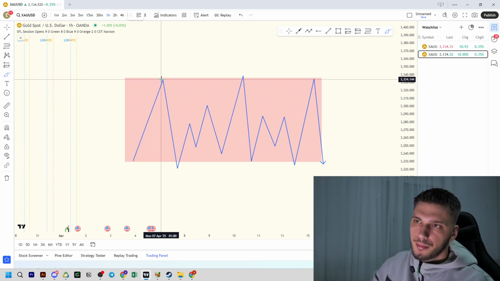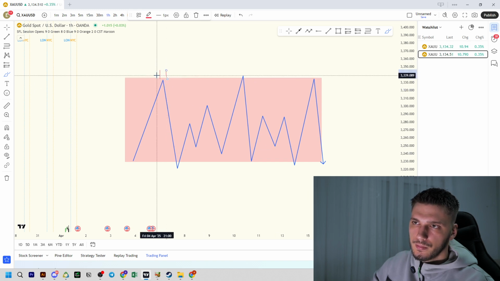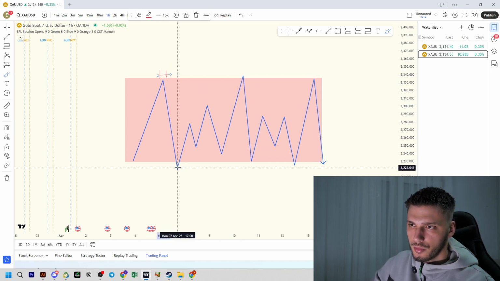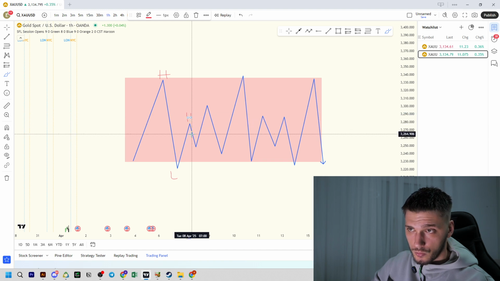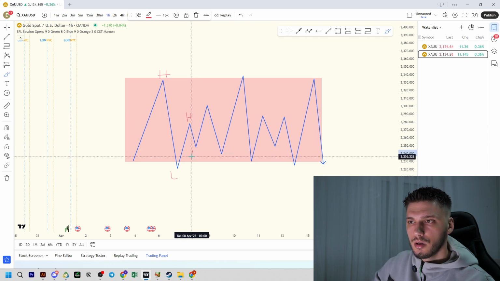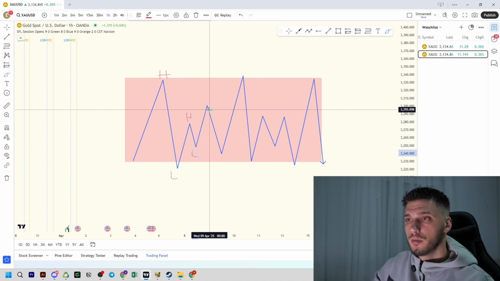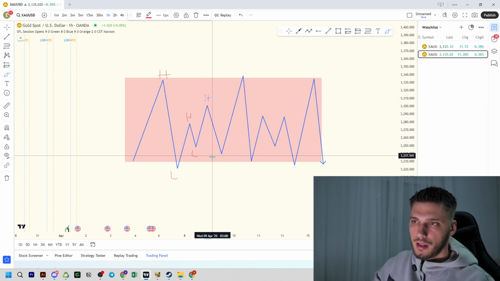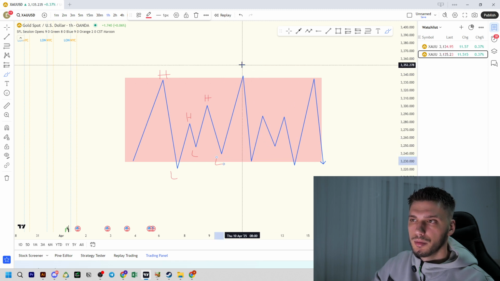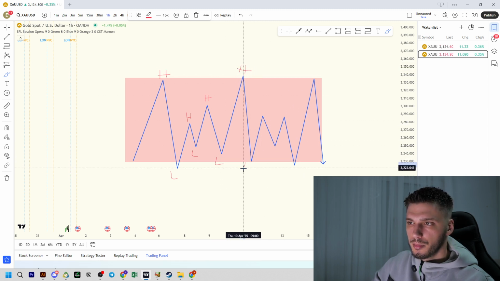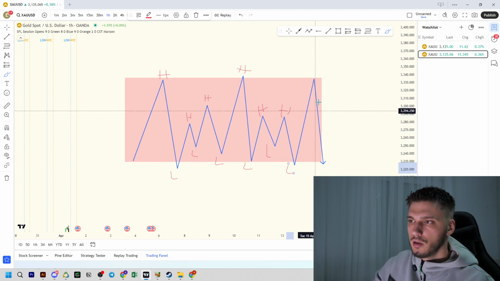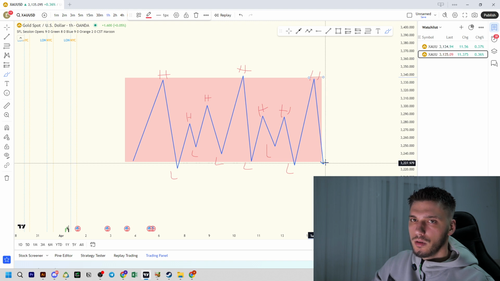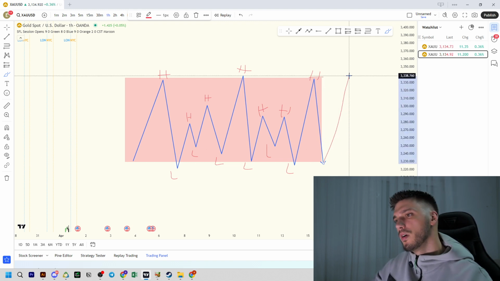A move up, move down, high, move down, move up, low, move up, move down, high, move down, move up, low, move up, move down, high, and then move down, up, low, up, down, high, down, up, low, and so on and so forth. High, low, high, low, high. And now it's not a low yet because we don't have a move up. We already know that.